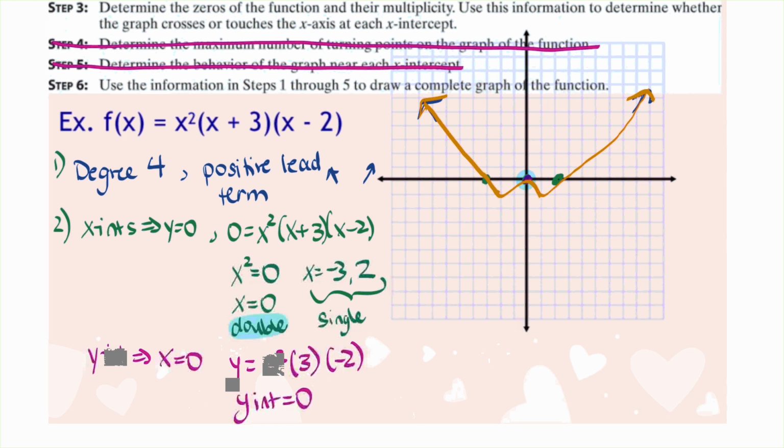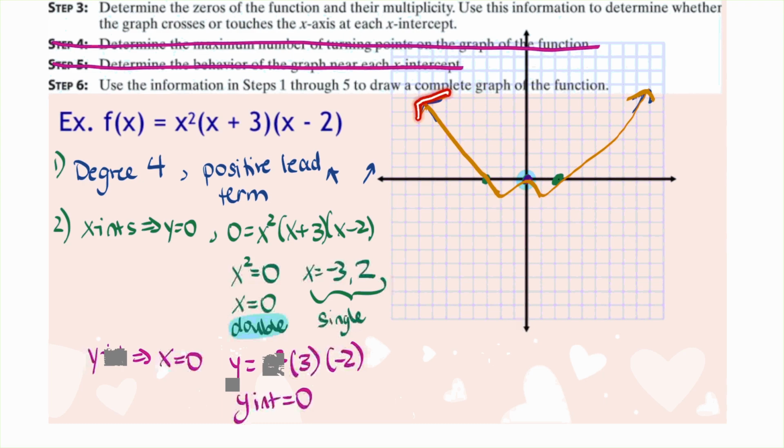Calculus really helps us to answer the questions of how low do I go on these two lower points right here. So we're going to wait till we take calculus to determine those points. For now, we're getting the rest of the pieces in place.